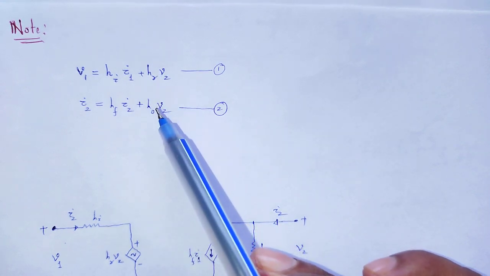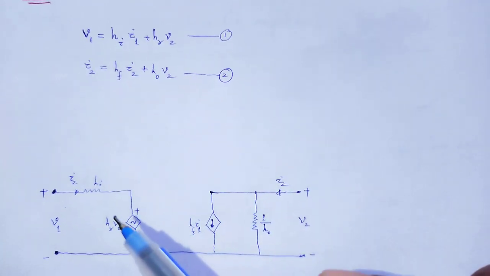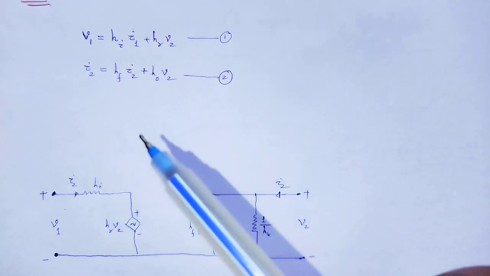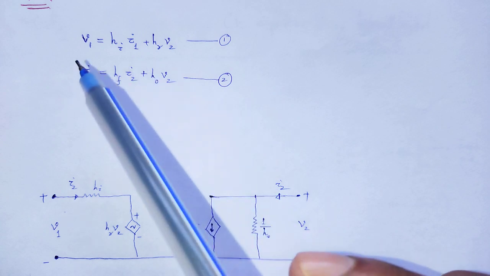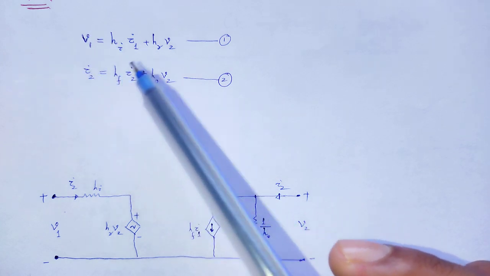These are the two equations, and by using these two equations we draw the equivalent circuit. V1 is the input voltage, I2 is the output current.